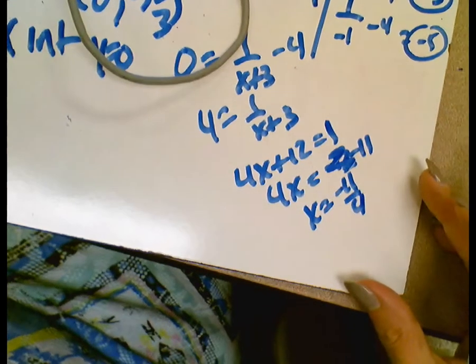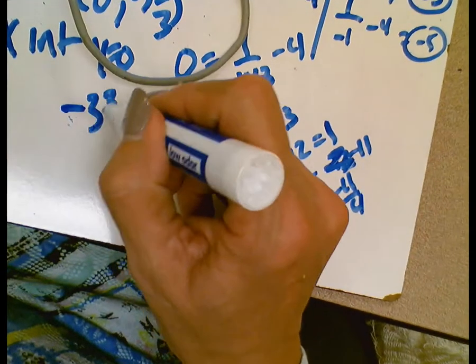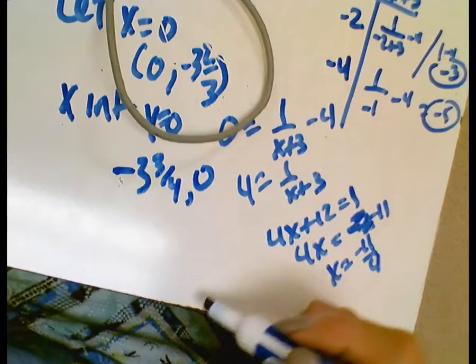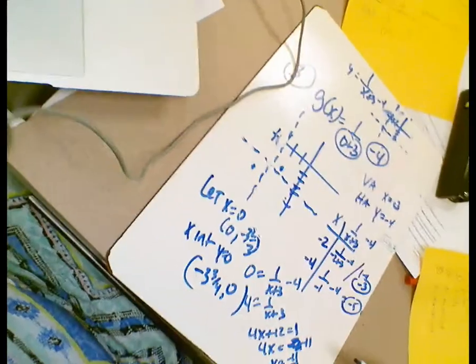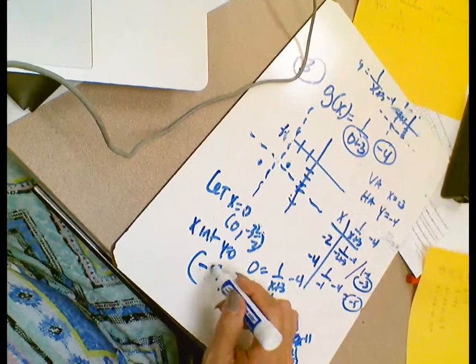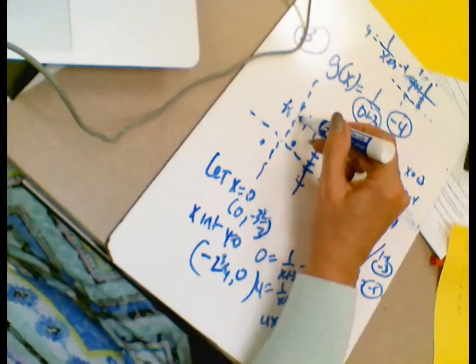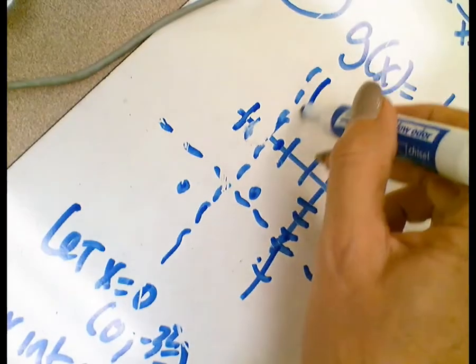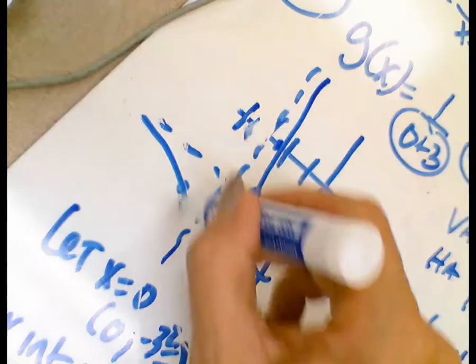So that's what, -3 3/4? So -3 3/4 is about right here. Well, that's not right. I'm having troubles here. Oh, it's not. That's because it's 2 3/4. That makes better sense. And you just draw this in. Here's your curve.